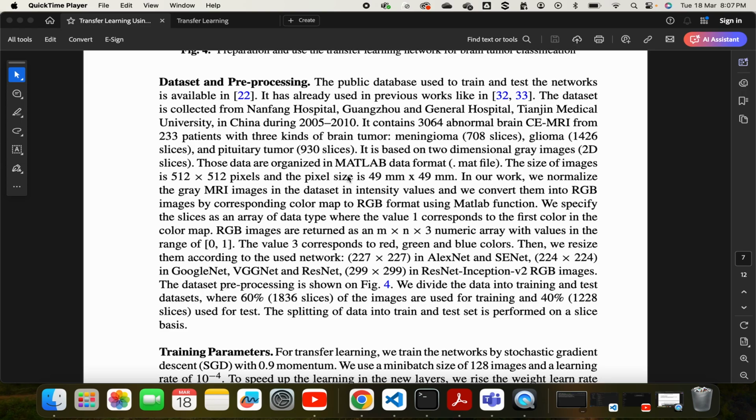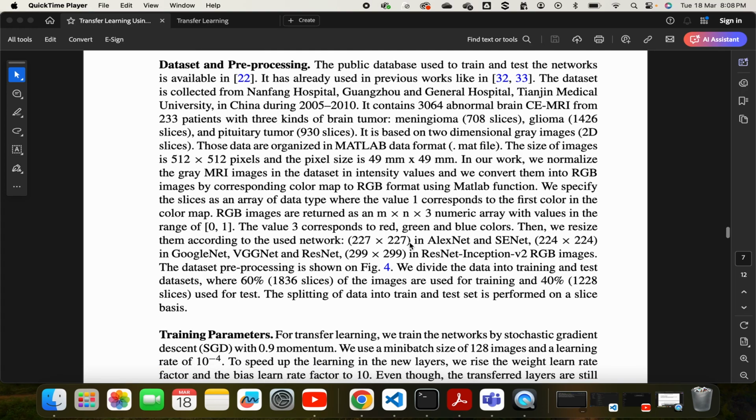The images were then resized based on the input requirements of the different CNN architectures that we have used, namely 227 by 227 for AlexNet and SCNet, 224 by 224 for GoogleNet, VGGNet and ResNet, and 299 by 299 for ResNet and Inception V2.